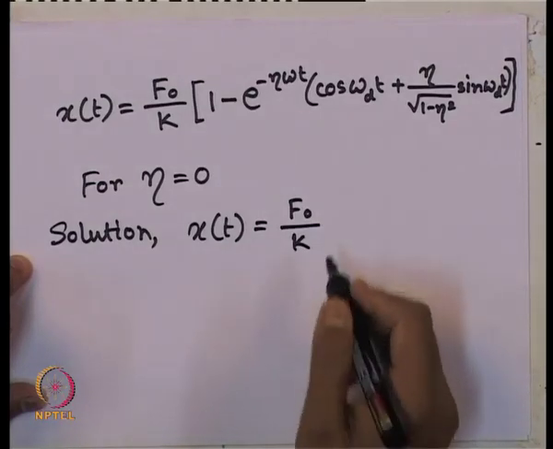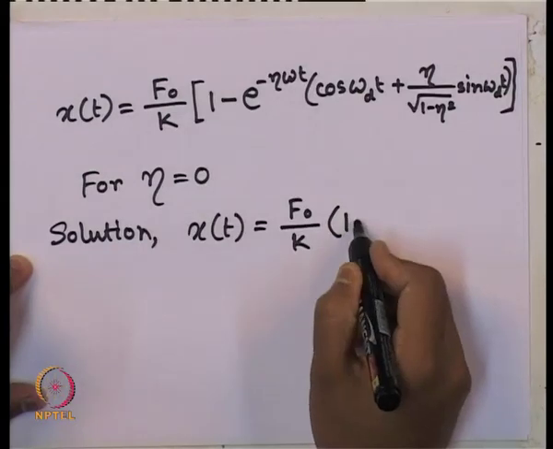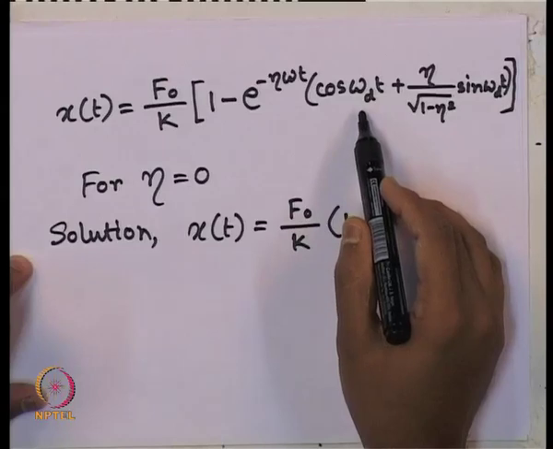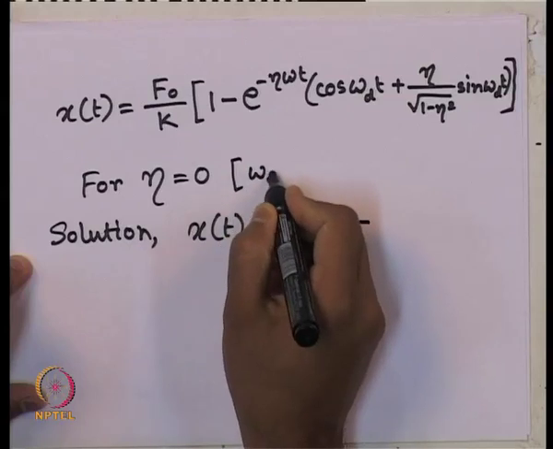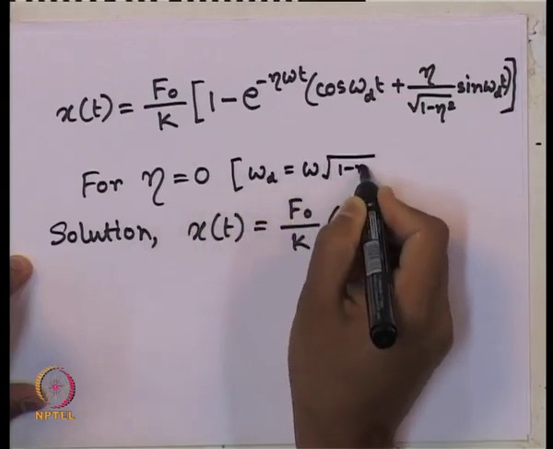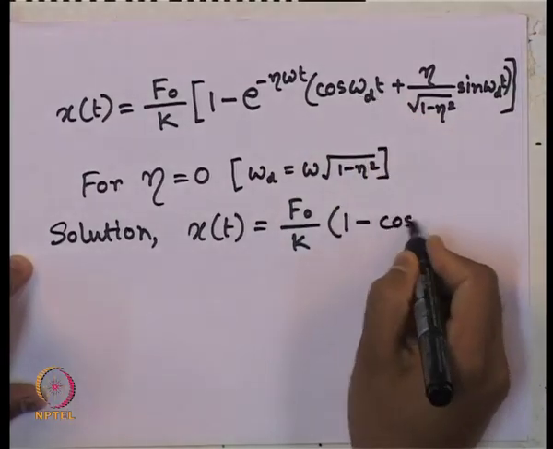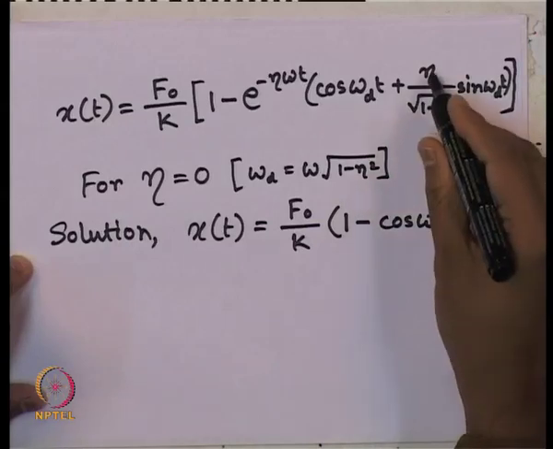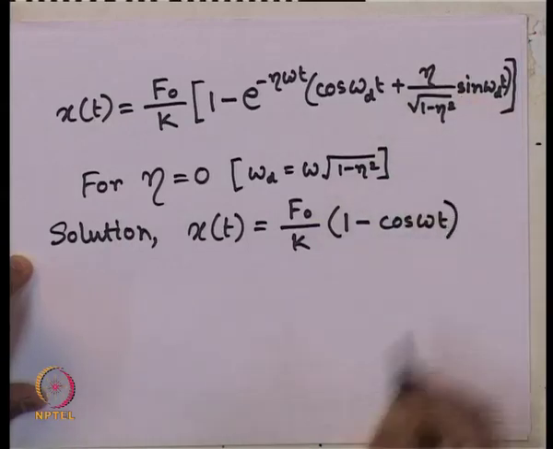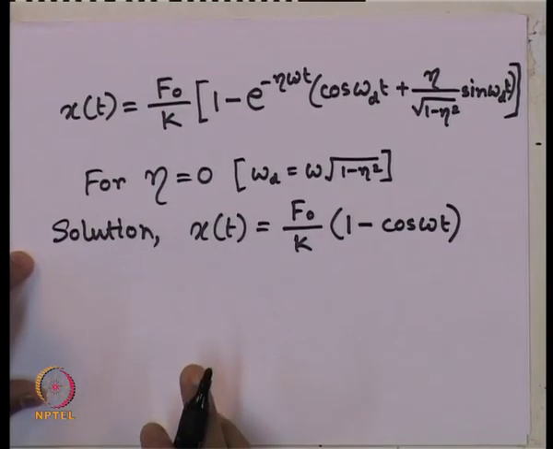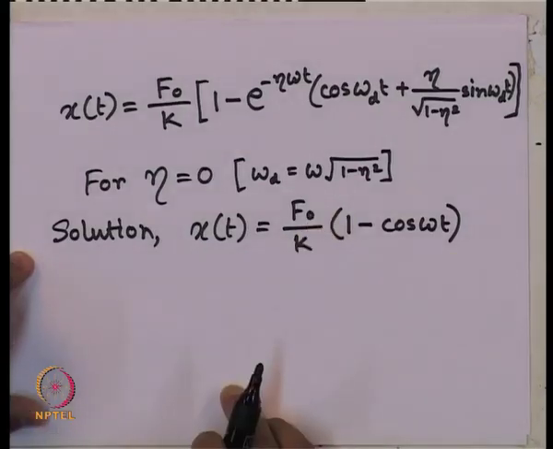How much are we getting? 1 minus eta is 0, so it becomes 1. Omega d is nothing but omega times root over 1 minus eta square, so it becomes omega t. So, cosine of omega t, here eta is 0, so everything vanishes. So, that is our solution. For an undamped system subjected to forced vibration with a constant force f naught, the solution is like this.